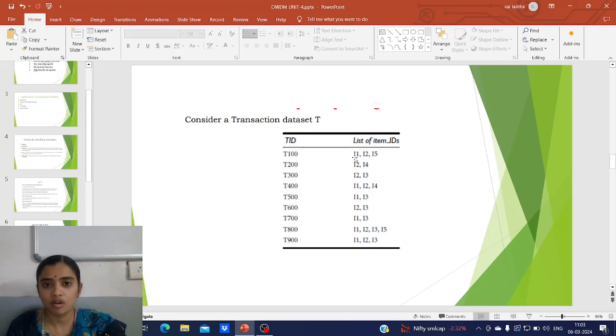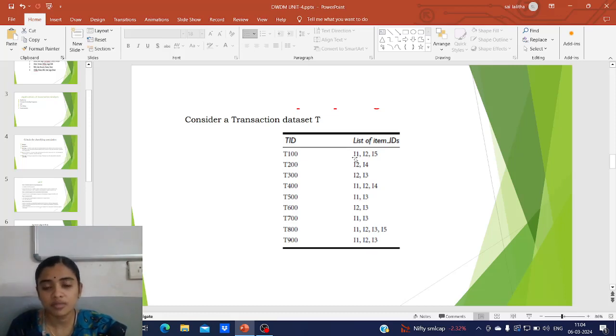In the Apriori algorithm, before calculating the frequent item sets, first you have to calculate the candidate item sets, and you have to fix the minimum support count also.